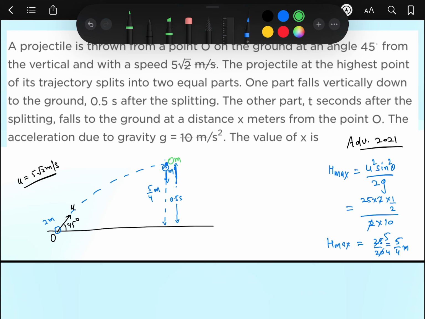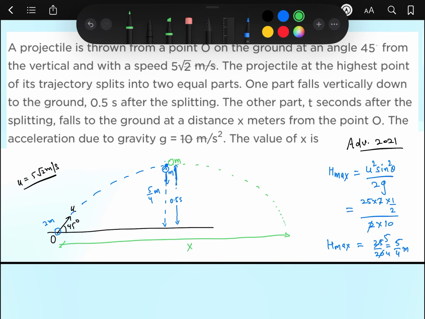Another part is also m. It will be falling some distance. Let us suppose it is x from this point O. So we have to find out this x. Let us suppose this was the mass m1 and this was mass m2. It was traveling some extra distance. We have to find out how much this distance is.